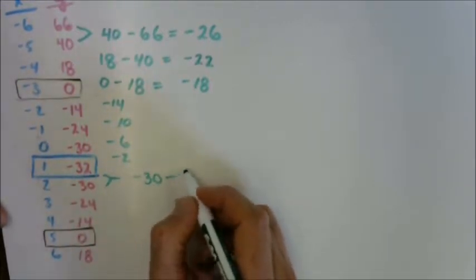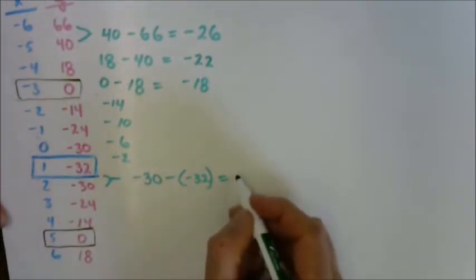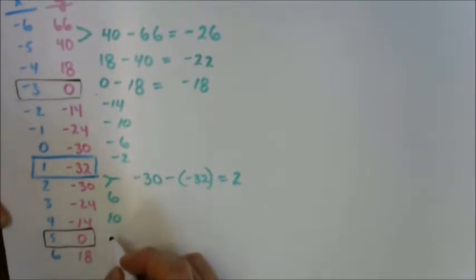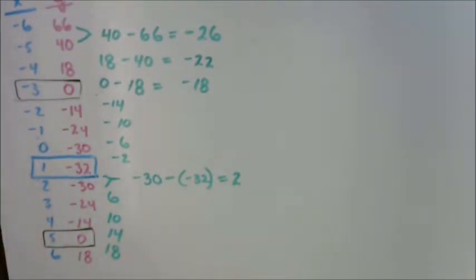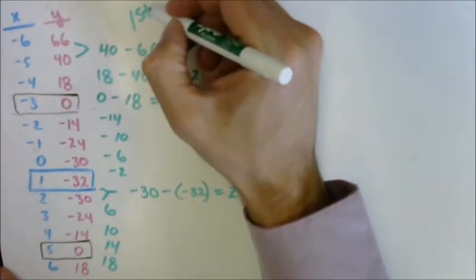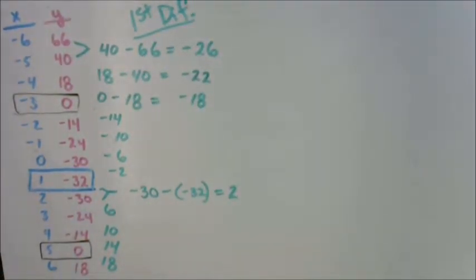You're doing negative 30 minus negative 32, which is the same as negative 30 plus 32, which is positive 2. Okay, you should have gotten a bit of practice in there. Go ahead and look at my answers and copy what you don't have.